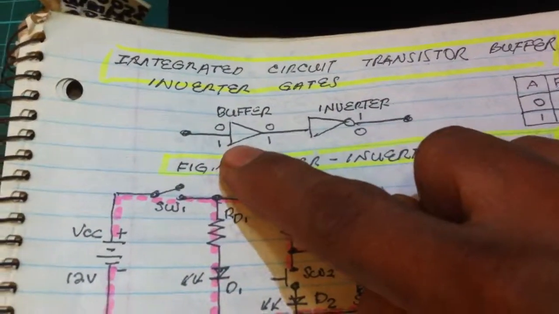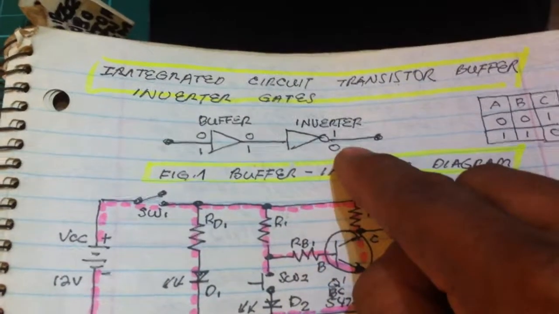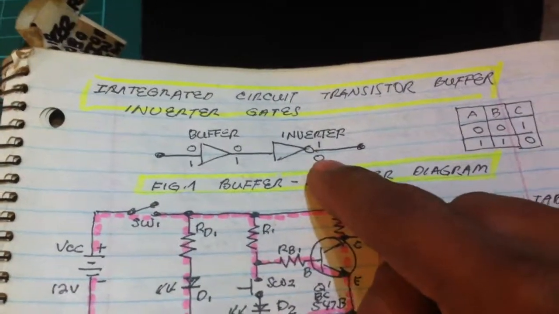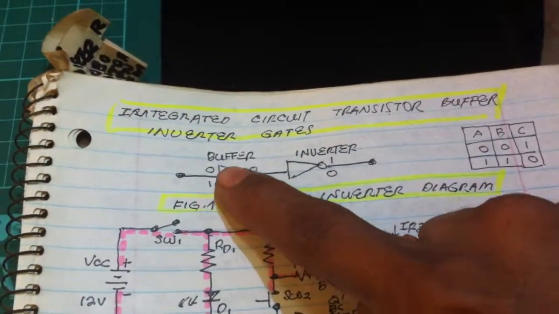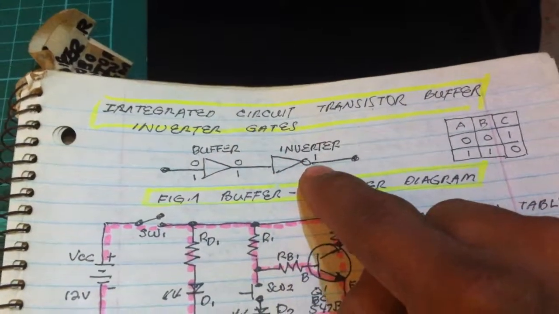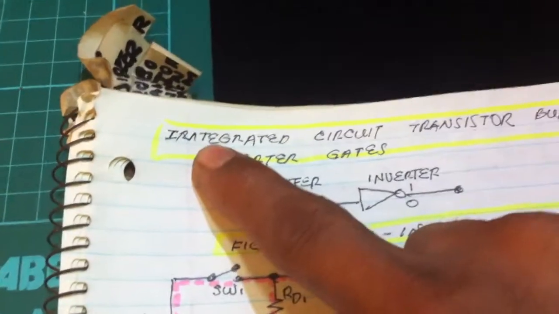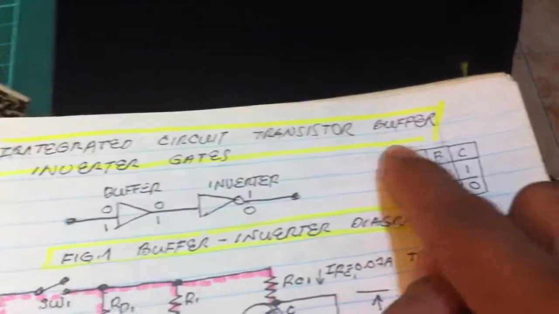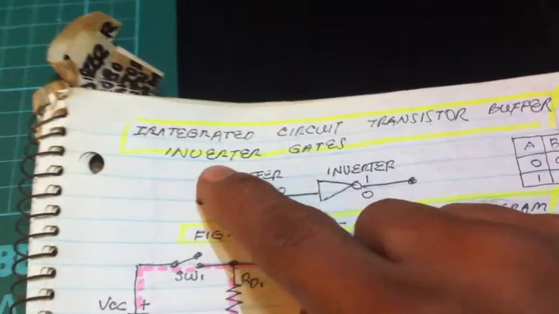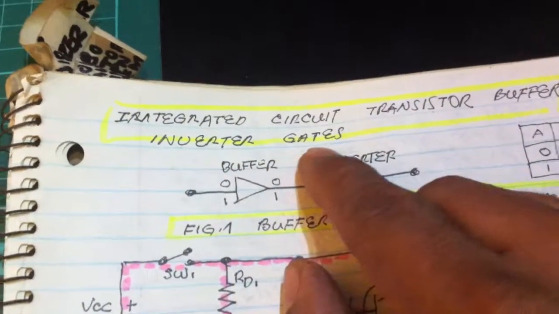We're going to make this buffer and an inverter logic diagram. We're going to connect the buffer to the inverter to make this integrated circuit using transistor as a buffer and inverter logic gates.